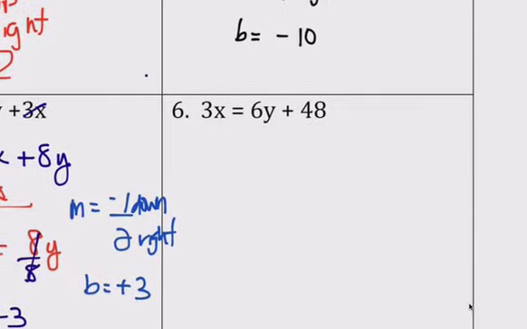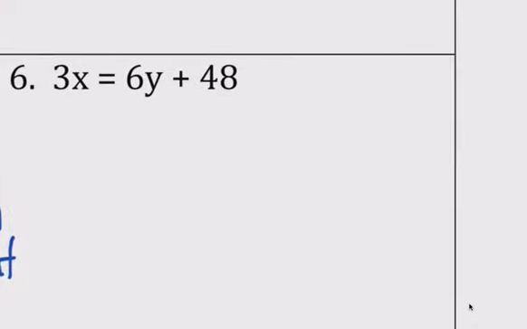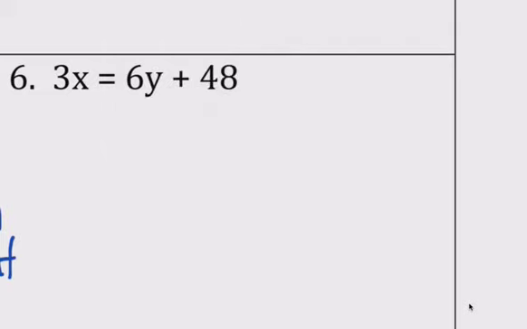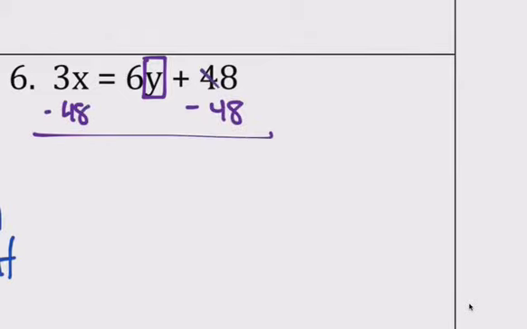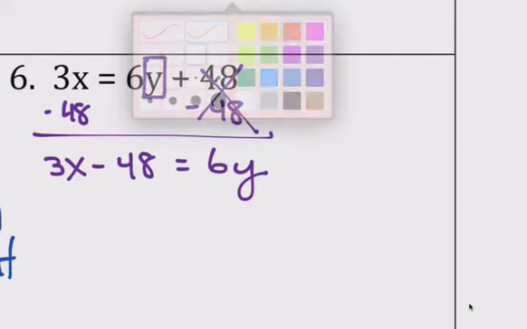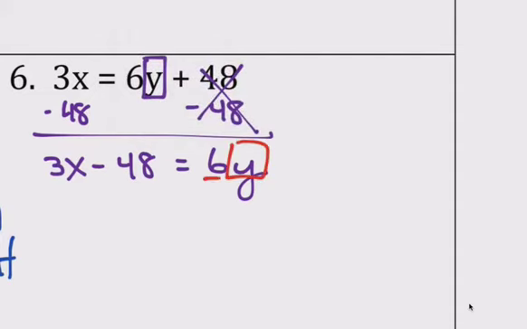Number 6. Well, let's isolate the y, minus 48 then, minus 48. 3x minus 48 equals 6y. We want to isolate the y, so we need to get rid of 6.